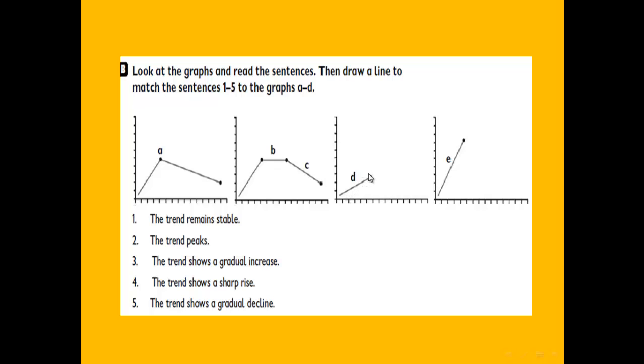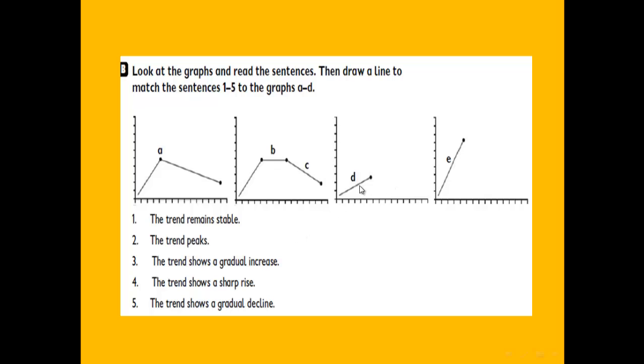Number 4, the trend shows a sharp rise. Number E, because it rises here sharply, not gradually. And finally, the trend shows a gradual decline.